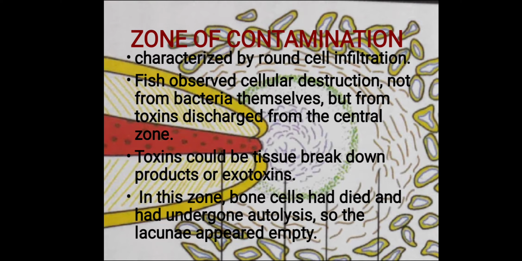Because the microorganisms in the root canal are rarely motile and do not move from the root canal to the periradicular tissue. Hence, the cellular destruction is seen not from the bacteria but from their toxins discharged from the central zone.